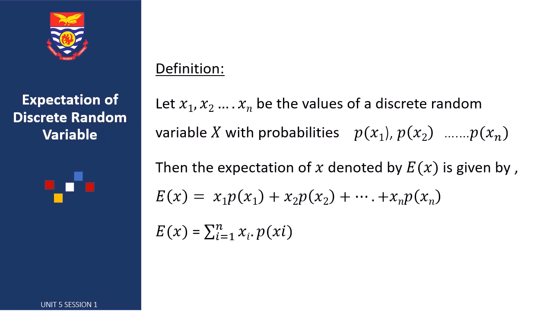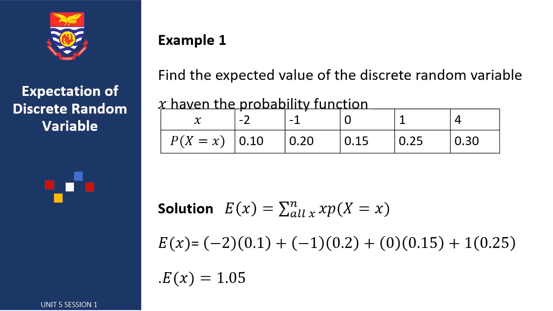So in summary, the expected value is the summation of all xi multiplied by the corresponding probabilities of xi, with i starting from 1 up to n. So simple, right? Now let's move on with an example and see what we're talking about.